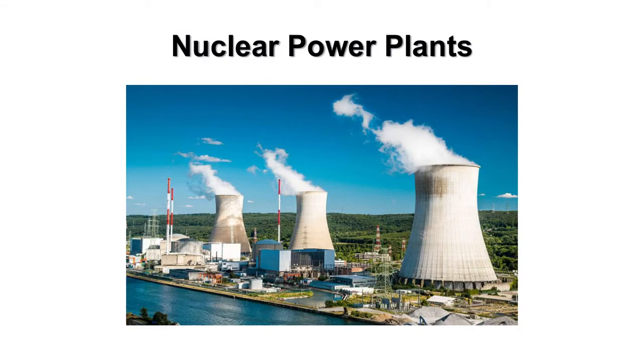All right, so we are very briefly going to talk a teeny bit about nuclear power plants. First thing is, these structures here in the nuclear power plant, those are not the reactor. Those are the cooling towers. And what is being released here is steam.